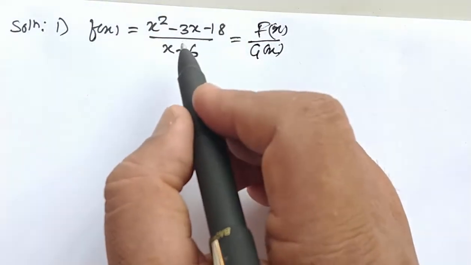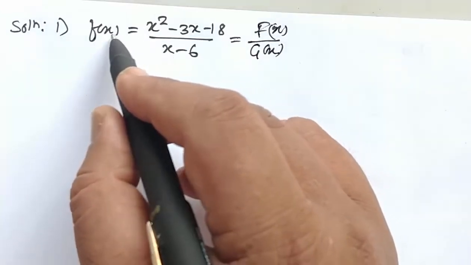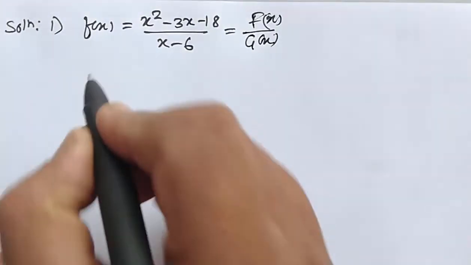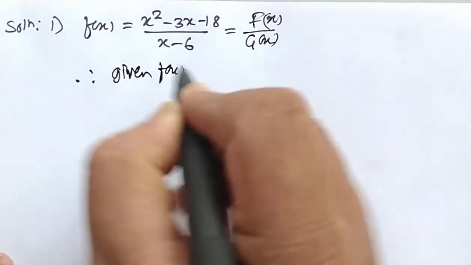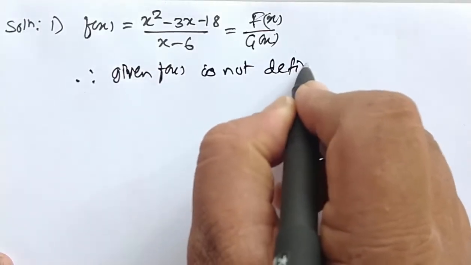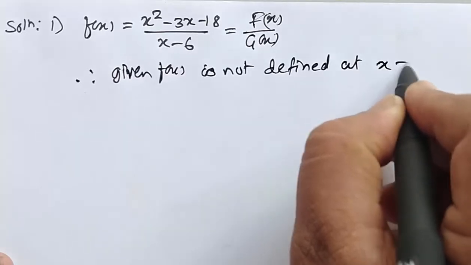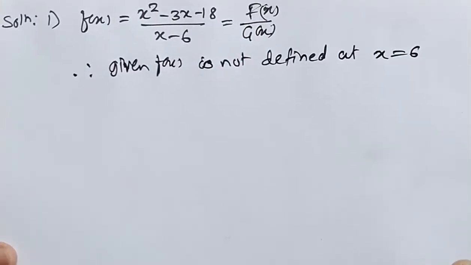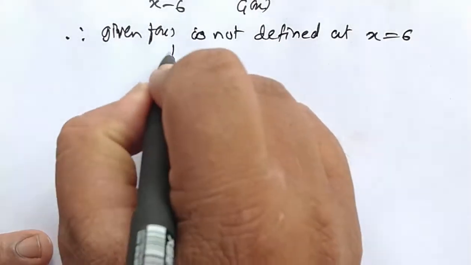So this function is not defined at x is equal to 6. Therefore, f of 6 is not defined.